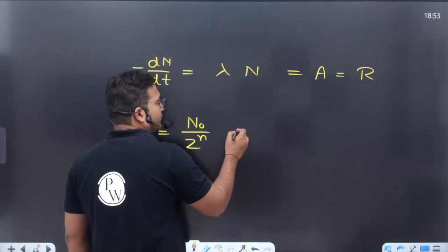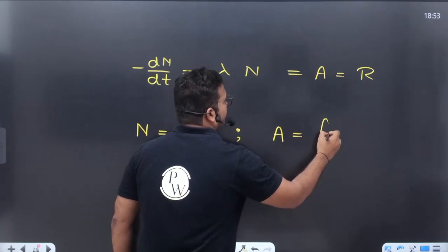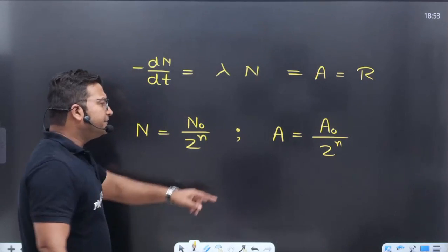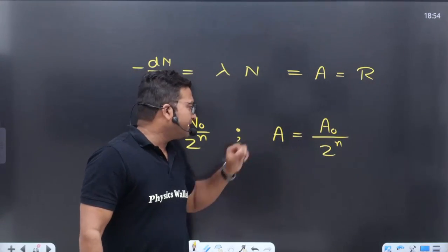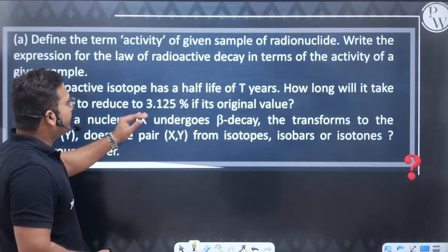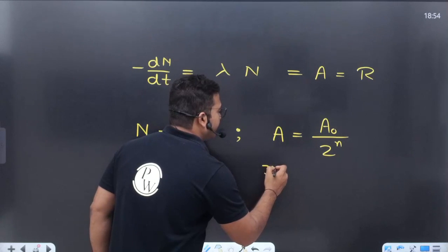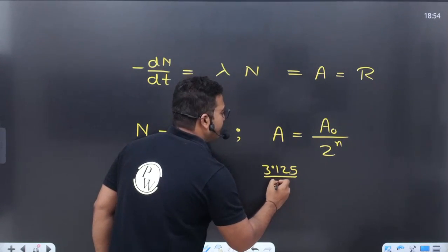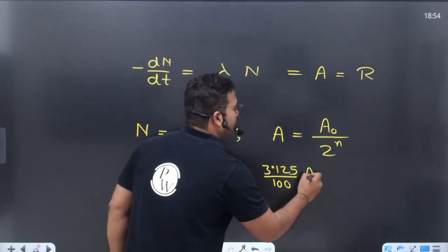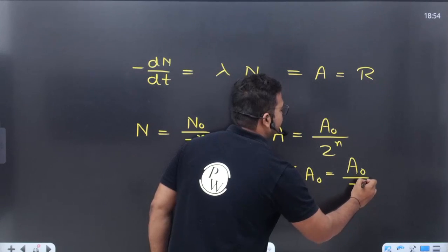And this formula is also valid in terms of activity. So instantaneous activity is actually the initial activity divided by 2 to the power n. If you place here the value of initial activity and the present activity, so as present activity is only I think 3.125, so it is 3.125 divided by 100 times of the initial activity, which is A naught divided by 2 to the power n.